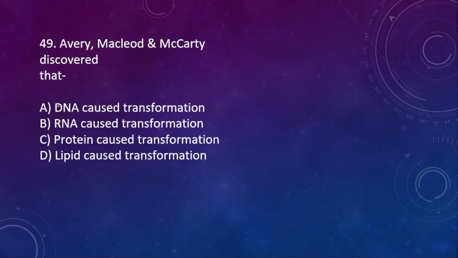Avery, MacLeod and McCarty discovered that option A, DNA caused transformation, B, RNA caused transformation, C, protein caused transformation, and D, lipid caused the transformation. So here the right option is A, that is DNA caused the transformation.